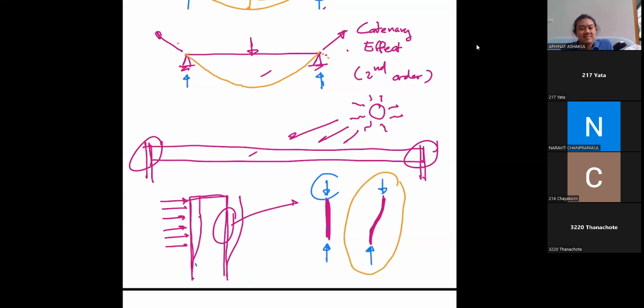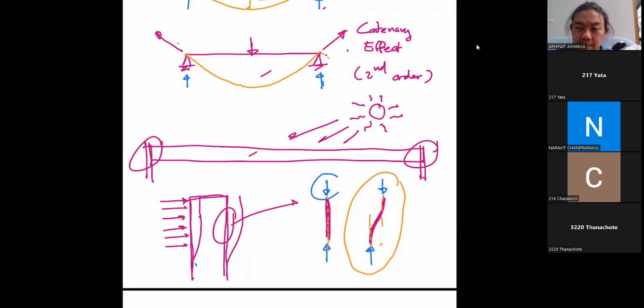Yes or no? Think about it. Just don't over-stress yourself. Just use your imagination, use your feeling first. You see, the two loads now do not coincide. These two loads, they pass the same point. So it's equilibrium, right? But when you have this, one load goes here, another load goes here.